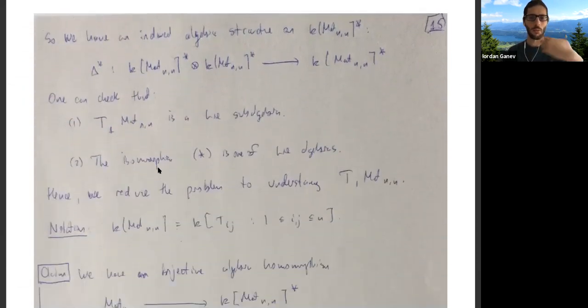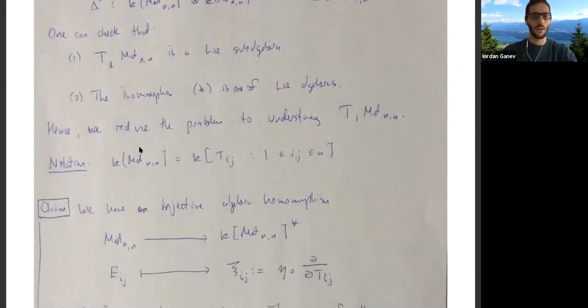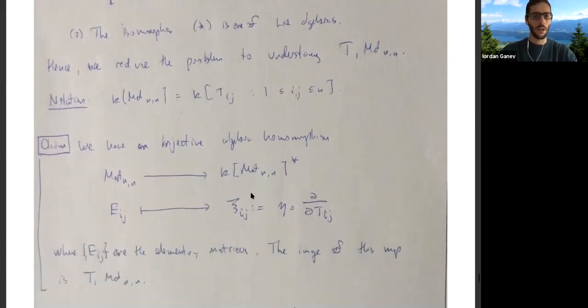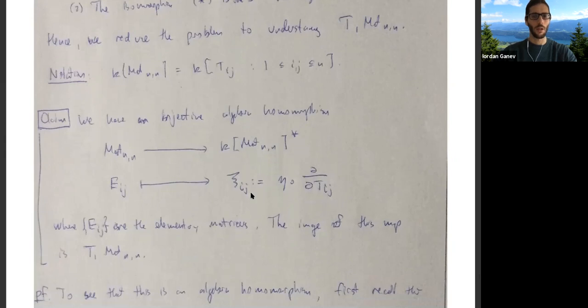So we basically reduced the problem to understanding the tangent space at the identity of n by n matrices. And this is easier to understand because, first of all, the affine algebra is just polynomials in some variables T_ij, where i and j run from 1 to n. To understand what's going on here, I claim that there's an injective algebra homomorphism from n by n matrices to the dual of the affine algebra of n by n matrices.